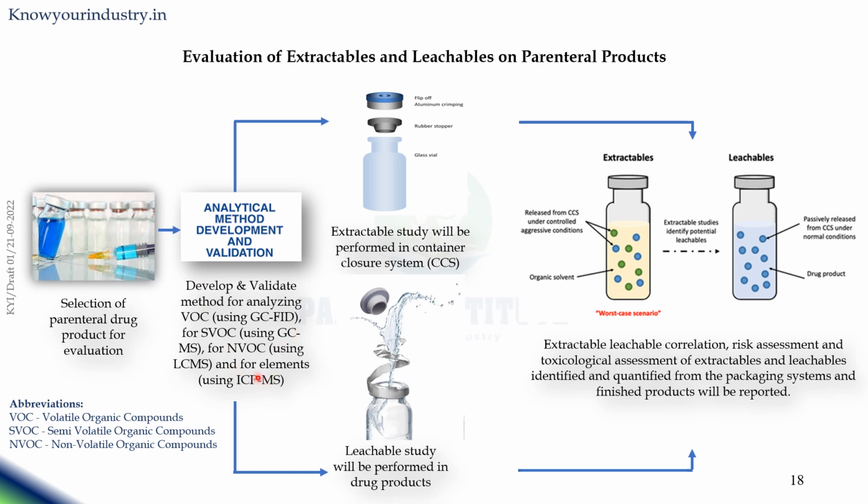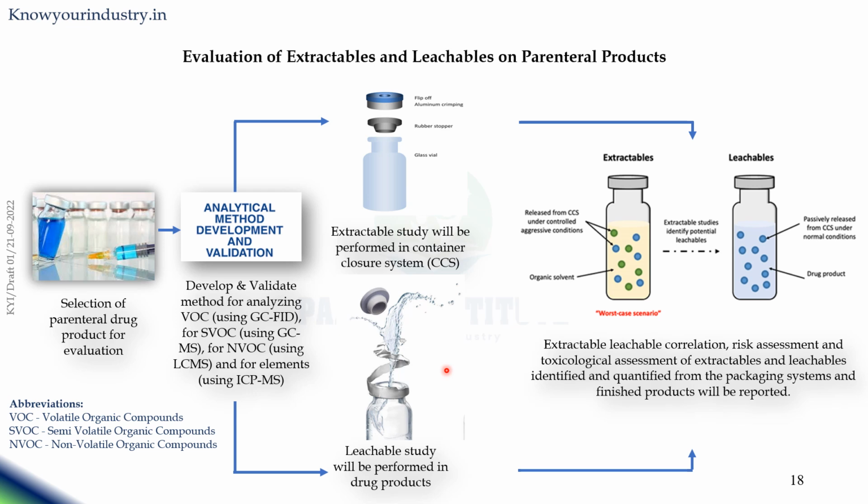Once the method is ready, I am first going to do the extractable study on the primary packaging materials as well as the manufacturing parts and create the extractable profile. Then I move on to develop the finished product, manufacture it and store it for stability.